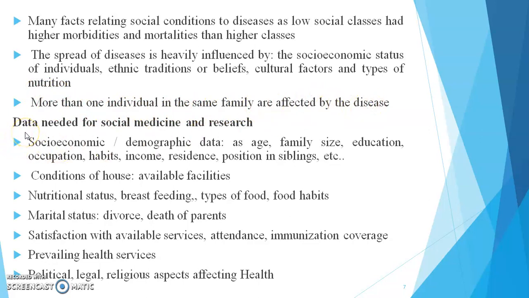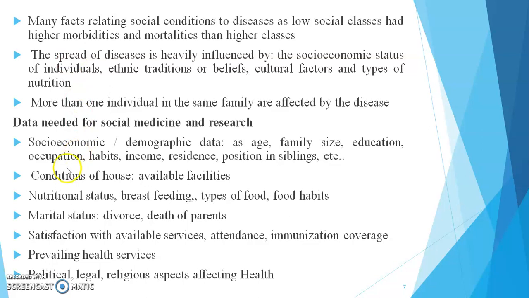Next point is data needed for social medicine and research. Socio-economic or demographic data such as age, family size, education, occupation, habits, income, residence, position in siblings, etc. Such data is needed for social medicine and disease.